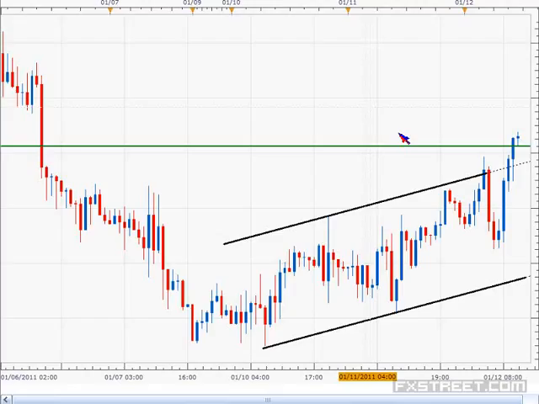Let's zoom this in. One thing that I like to do is identify channels, and we happen to have, in my opinion, a corrective channel. I'm drawing a support line which connects these two low points, and then I'm going to duplicate this line and put it right on top of the high of this wick. A lot of times prices will get contained within these channels.